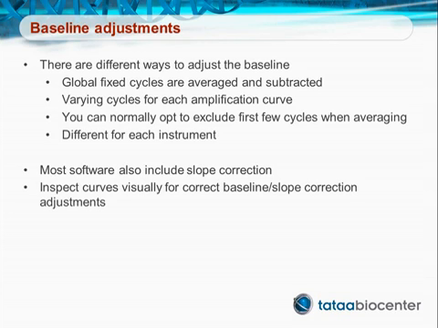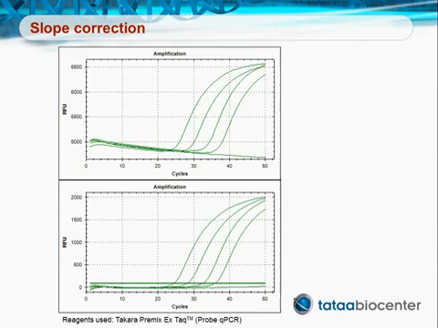The first cycles of an experiment can sometimes show artifacts in the amplification curves, and you may want to exclude these in the baseline setting. And if the software does not exclude these automatically, you normally have an option to do so manually. Most software also include a slope correction function.